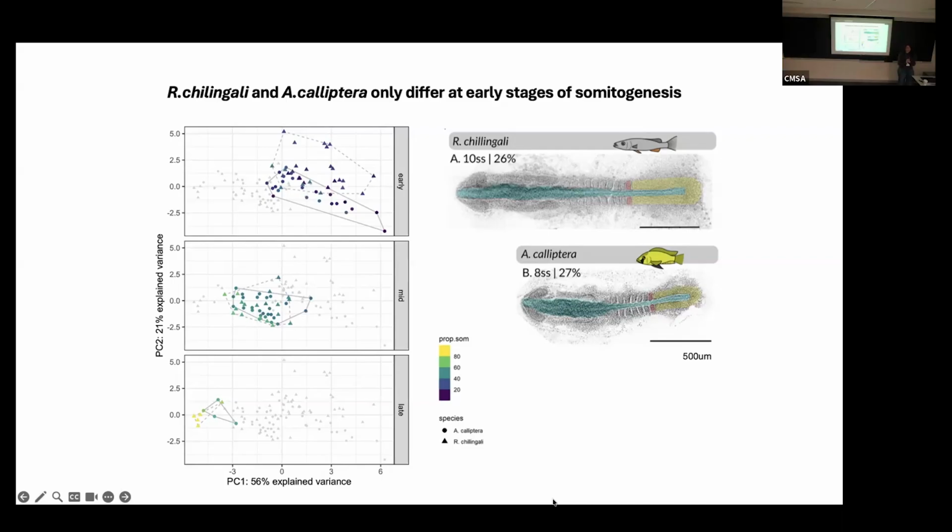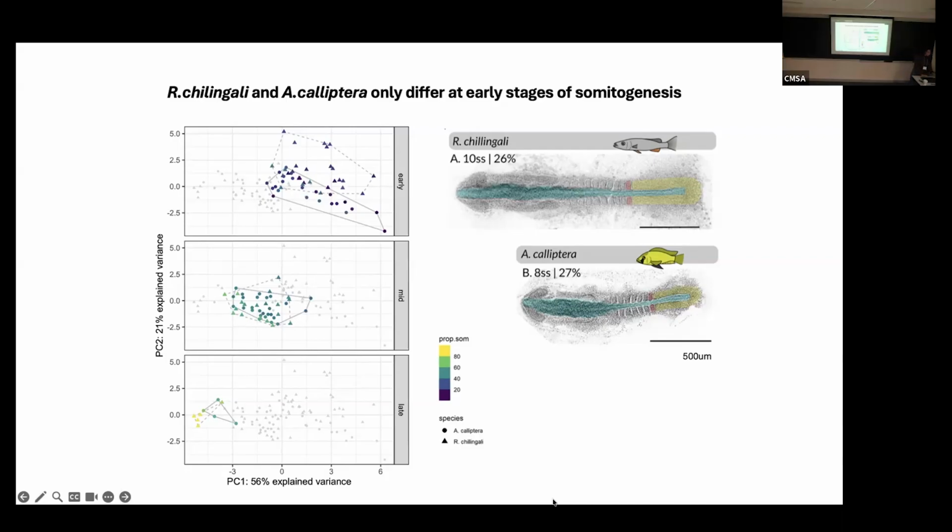Can you generalize this correlation between the PSM size and the somitogenesis duration beyond these two species? And also, do you need to scale it, because the embryo size may differ?